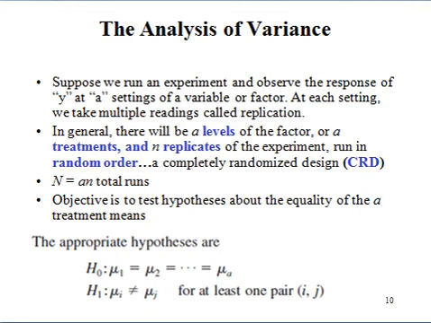In analysis of variance, the null hypothesis is that all means are equal, and the alternative hypothesis is that at least one pair is not equal.